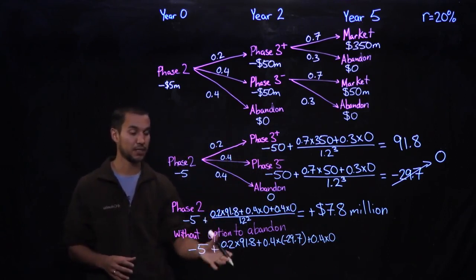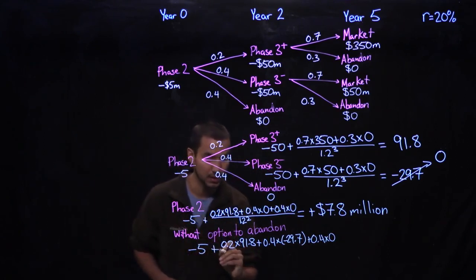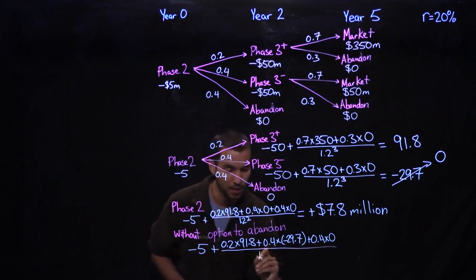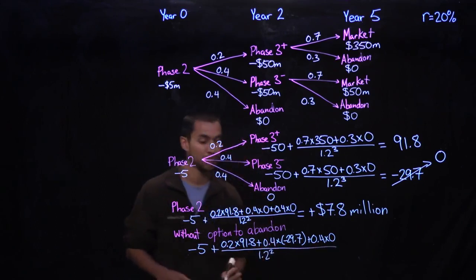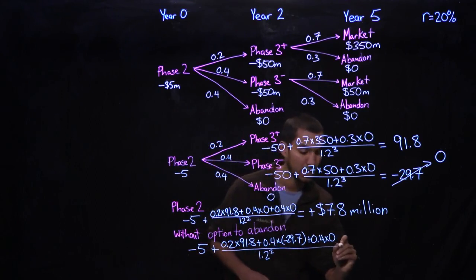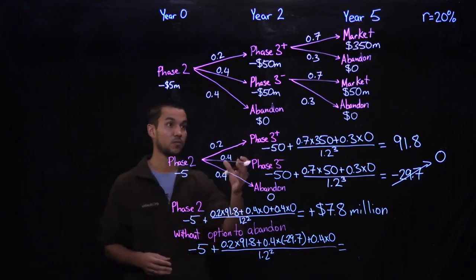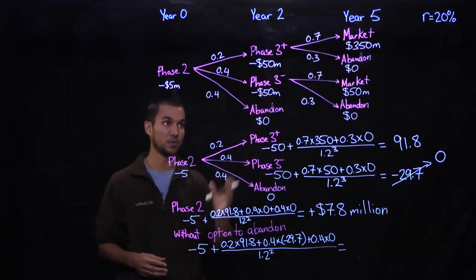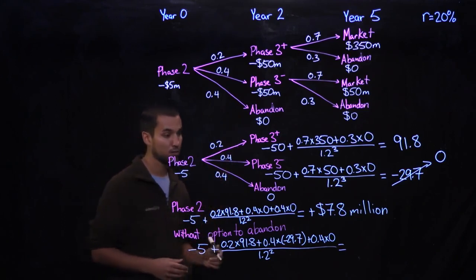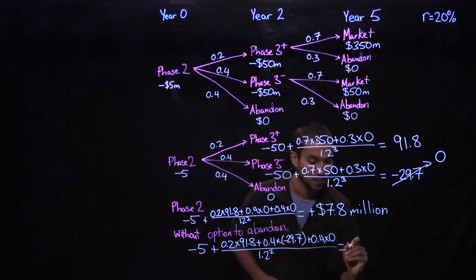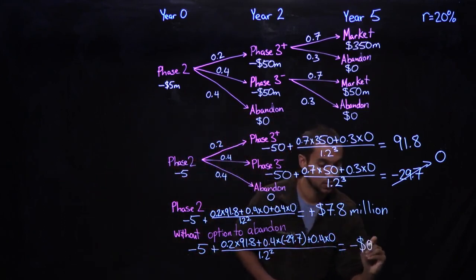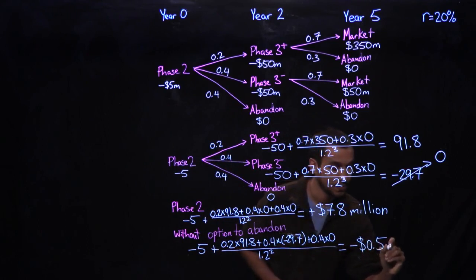And again, we would have to discount this expected cash flow back to year 0. So we divide by 1.2 squared. And we find that the expected NPV of going ahead with the phase 2 clinical trial in this scenario, where we didn't have this flexibility to abandon the project after phase 2, would be equal to minus $0.5 million.